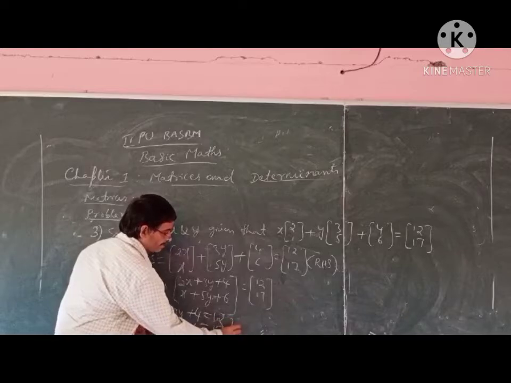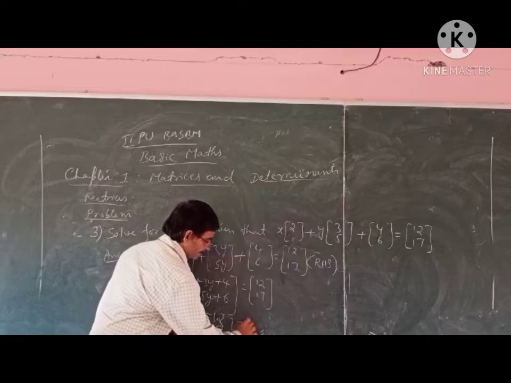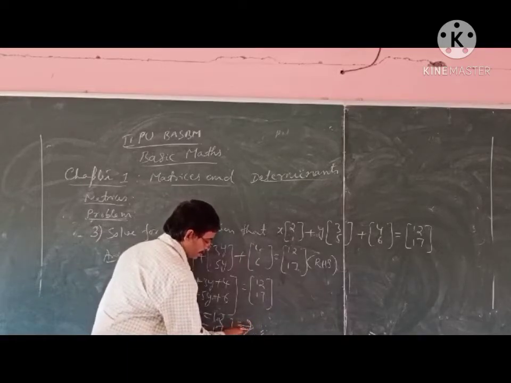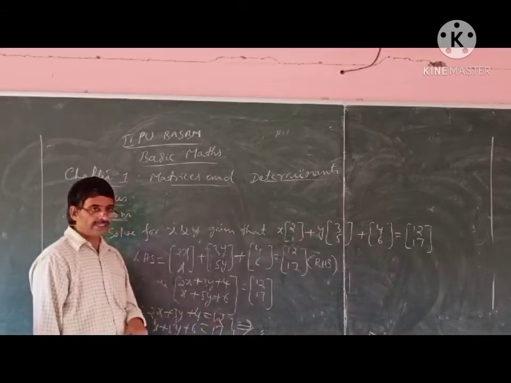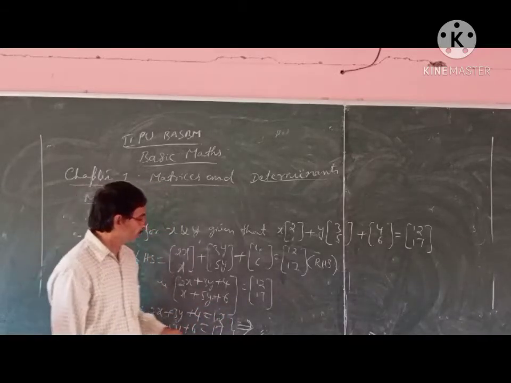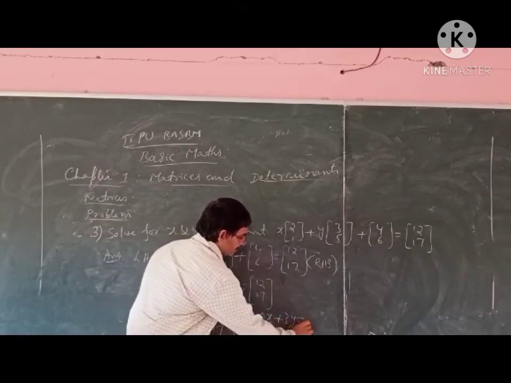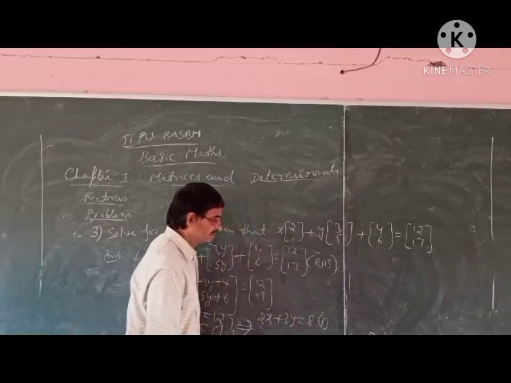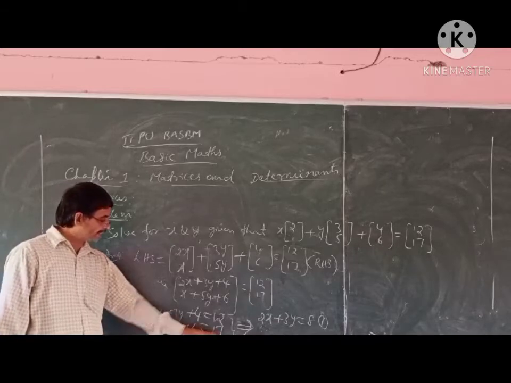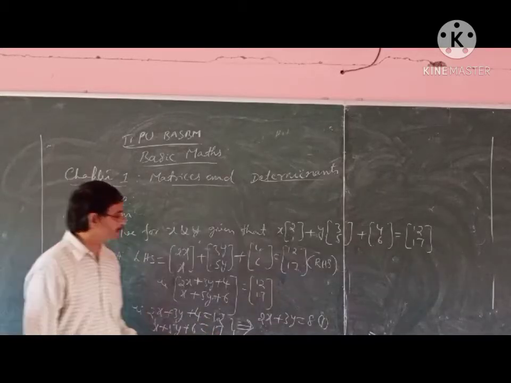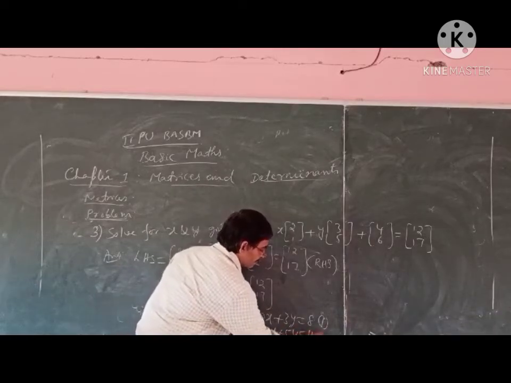So this implies 2x plus 3y equal to 12 minus 4. The 4 is taken to the other side. 12 minus 4 is 8. So 2x plus 3y equal to 8. Let me call it 1. The other one is x plus 5y equal to 17 minus 6, so 11. x plus 5y equal to 11. Call it 2.